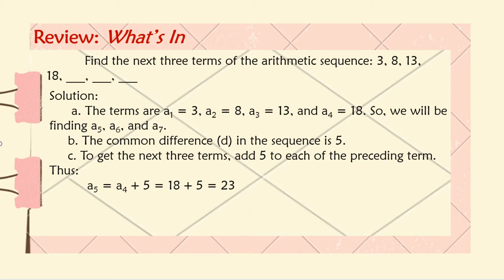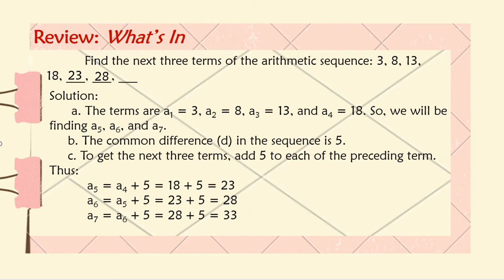Since the fifth term is 23, let us add again 5 to 23. That is our sixth term, 28. Then 28 plus 5 will be our seventh term. So we have 23, 28, and 33. Those are the next three terms of the given arithmetic sequence.